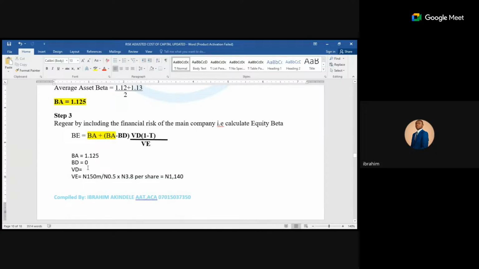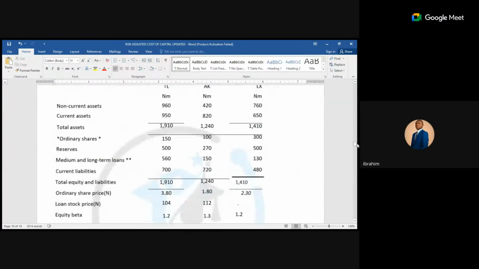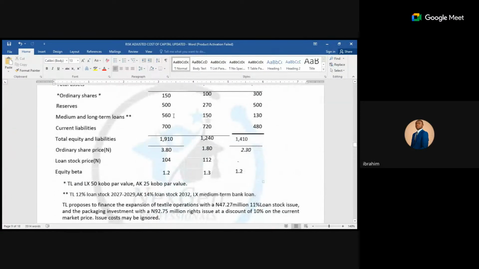So what do we have here as value of debt of the main company, which is TL? The debt is 560, right? So the nominal value will be assumed to be 100 times the loan stock price. What is the loan stock price? 104 per loan.